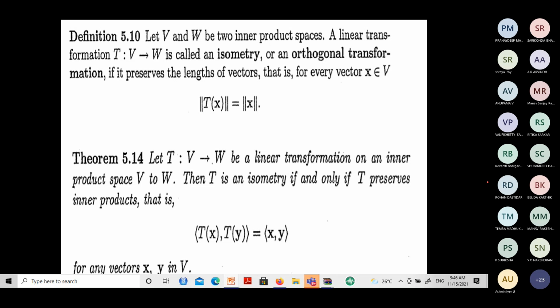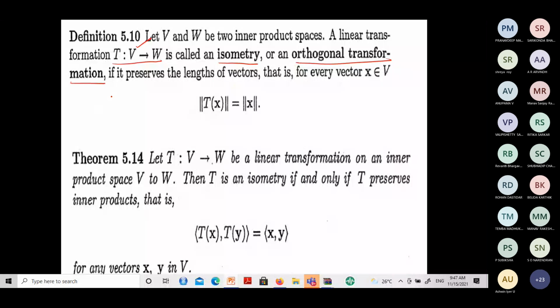Okay. What's that definition? You have two inner product spaces V and W, and there is a linear transformation defined between them. I hope you remember what a linear transformation is. That linear transformation we can call either an isometry or an orthogonal transformation if it preserves the lengths of vectors.